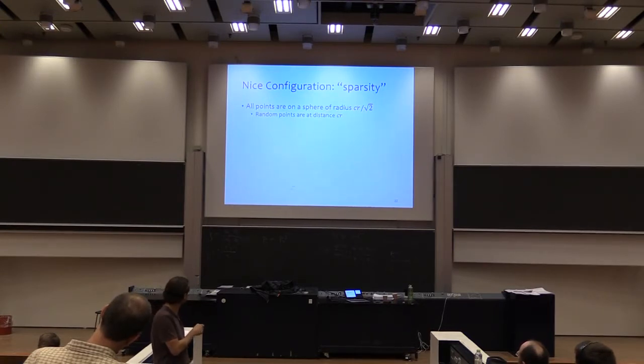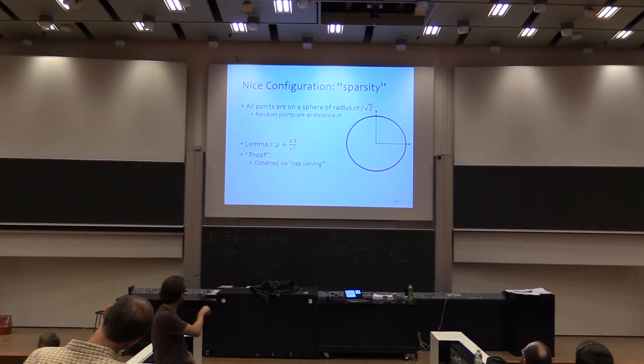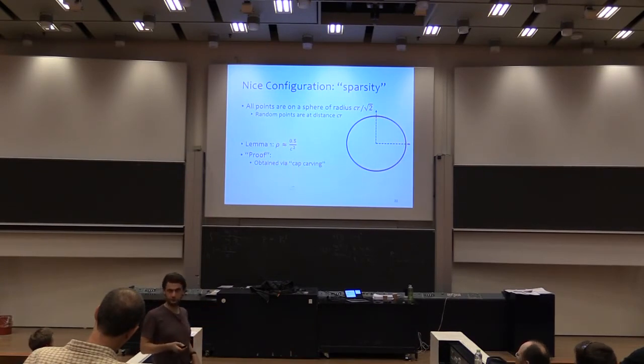This is the picture. So this is the sphere, and basically, if you put a point here and you put a point here, and this distance is cr, then the radius of this ball will be cr divided by root 2. Okay, this is the tightest possible packing.